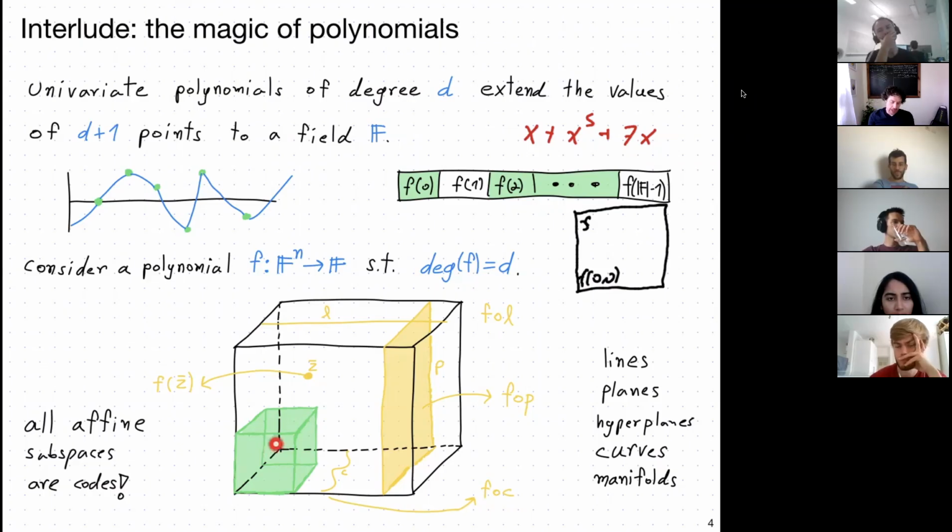Just look at some line in the space, look at the restriction of the polynomial to a line, and notice this is something of density which tends to zero, it doesn't have volume, it's just a one-dimensional line. And if the line is a low-degree polynomial, then the entire object with high probability will be of low degree.